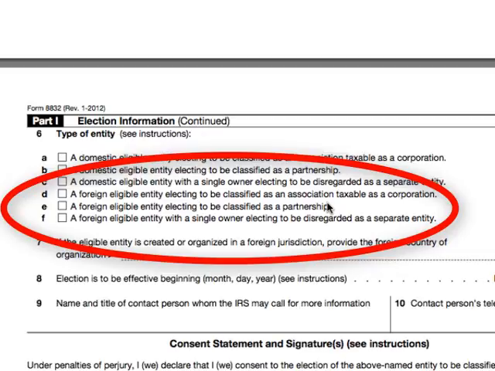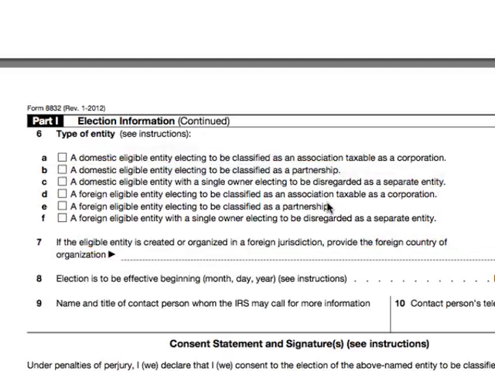It can be number F, a foreign eligible entity with a single owner electing to be disregarded as a separate entity. Normally in America, I said when you have a single owner of an LLC, the default is to be a disregarded entity.